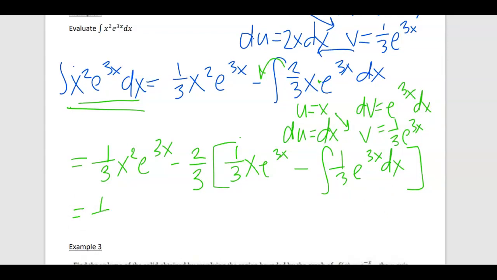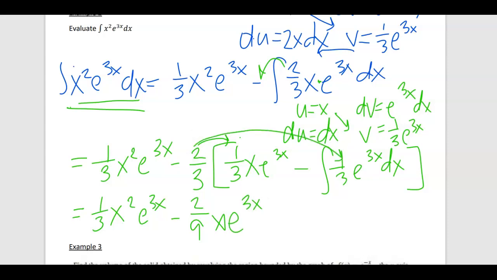So I'm going to write my whole piece. 1/3 x squared e to the 3x minus, when I distribute here, 2/9 x e to the 3x. Ooh, okay, positive 2/9. But then when I take the antiderivative of e to the 3x, I still need a 1/3. So we're going to end up having 2/27 e to the 3x plus c.